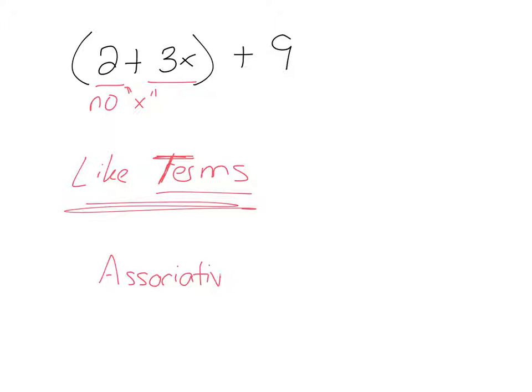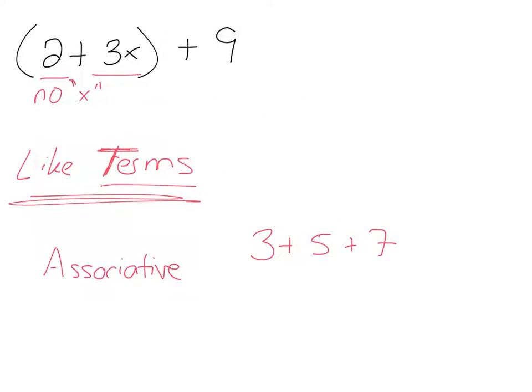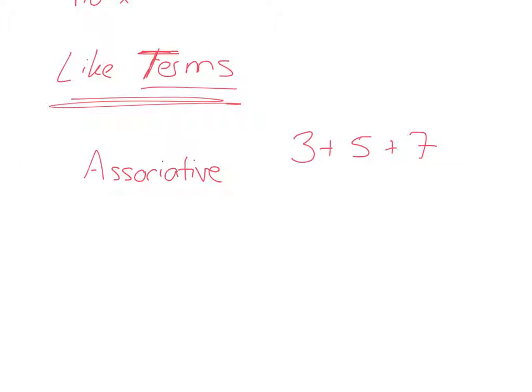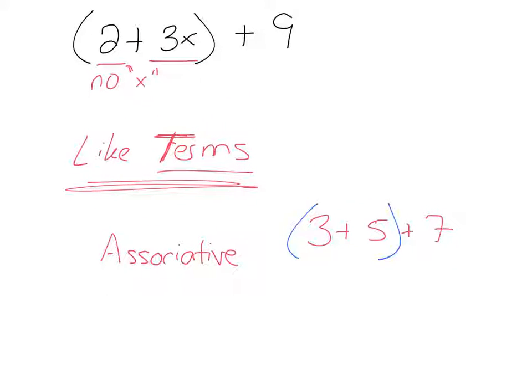What the associative property says, and I'll give you an example, is if I had 3 plus 5 plus 7, let's just work with that for a moment. If I were to put parentheses around the 3 and the 5, that kind of looks like what we're working with up here.